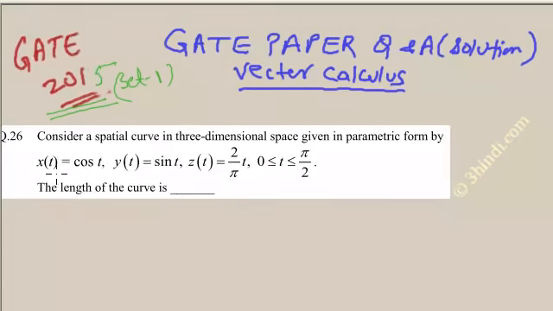So x is a parametric function of t, y is a parametric function of t, and z is also a parametric function of t.